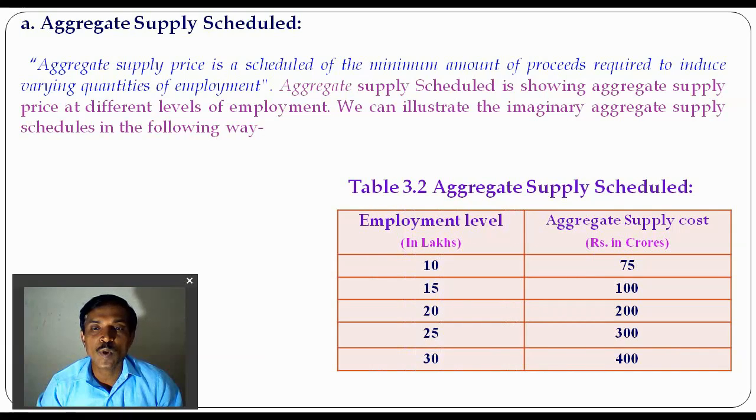The employment level is in lakhs, 10 lakhs to 30 lakhs, and the aggregate supply cost is in crore rupees. At 10 lakhs employment level, 75 crore is the aggregate supply cost. And when the employment level reaches 30 lakhs, the aggregate supply cost reaches 400.